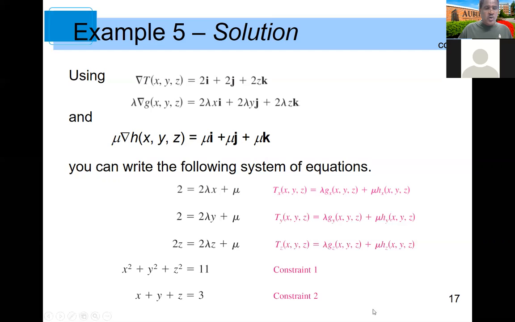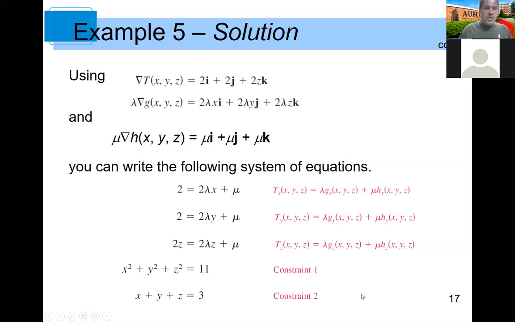This could be tedious. I have to warn you, if you were to do lots of problems like this, don't be surprised if you struggle a lot, because as the number of unknowns increases, the number of equations increases, and the complication also increases, but eventually you will find it, okay?